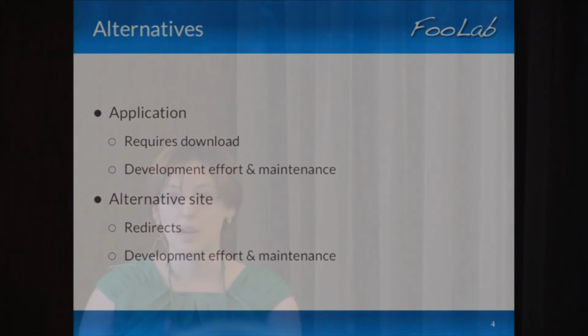You can also build an alternative site. For example, you detect that the person is using a mobile device, check the screen size, and redirect to the appropriate site. But there are redirects, and you can get stuck in a loop. And what happens when the person comes from Twitter, for example, and clicks a link?